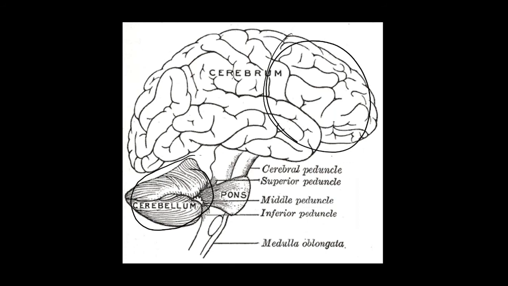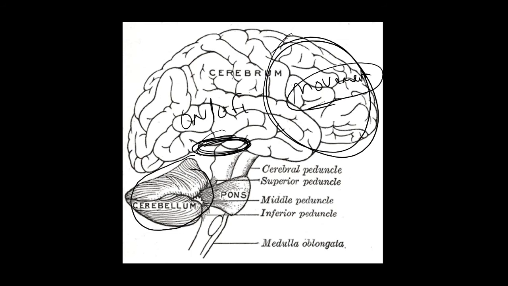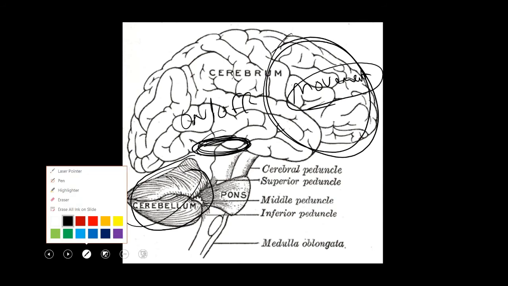The frontal lobe right here is the initiator of movement, whether that's cognition or what we know traditionally as movement. Sitting right about here is the basal ganglia, and the basal ganglia is the on-off switch, and the cerebellum is the coordinator. There's something I did not mention a while ago that I need to mention.